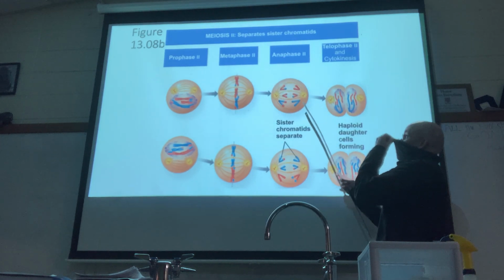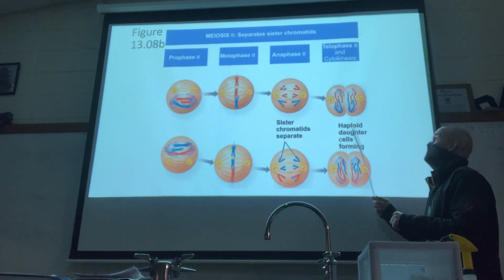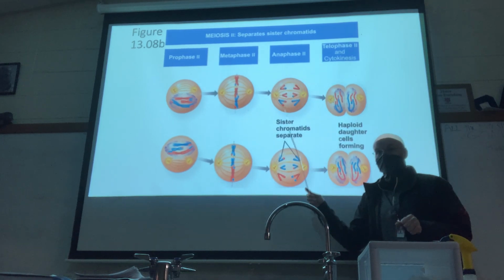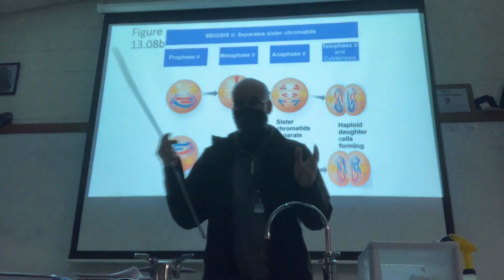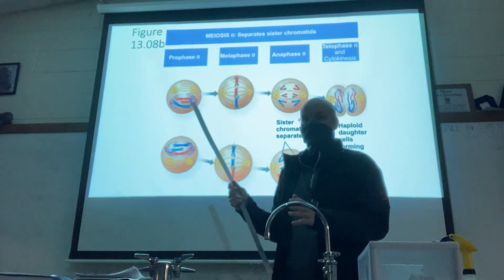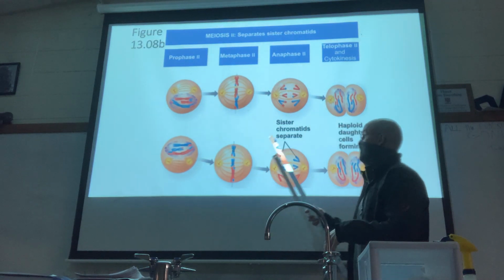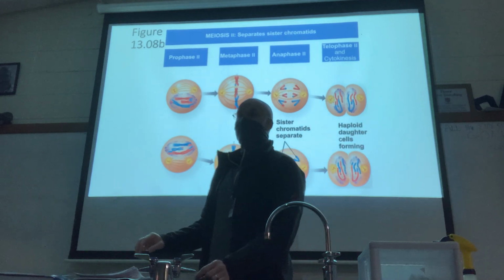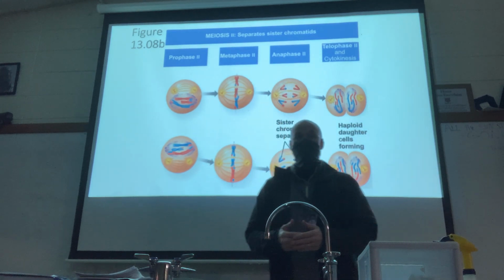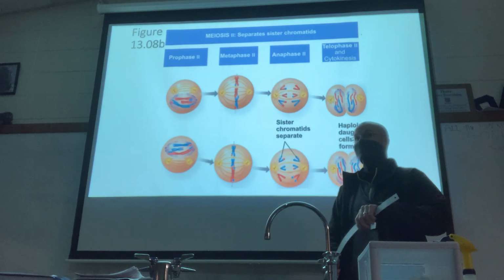So, in anaphase 2, stop me if I'm moving too fast, but I'm almost done. In anaphase 2, the spindle fibers will shorten, which is always going to happen in anaphase, whether it's anaphase 1, anaphase 2, or an anaphase of mitosis. The spindle fibers shorten. As Ian mentioned, that causes chromosomes to pull apart. But what is pulled apart this time?